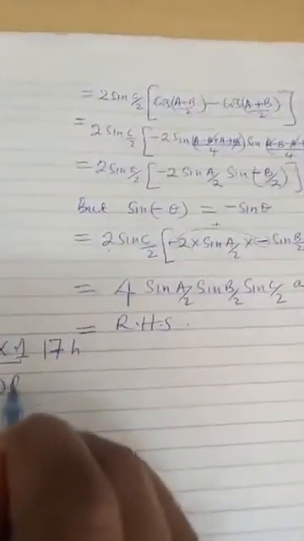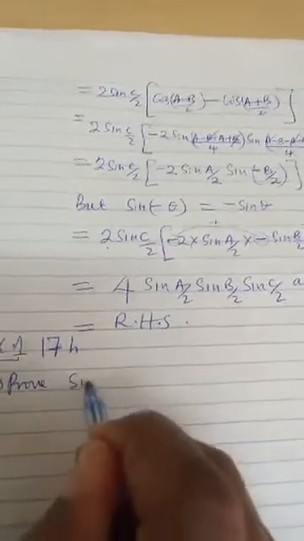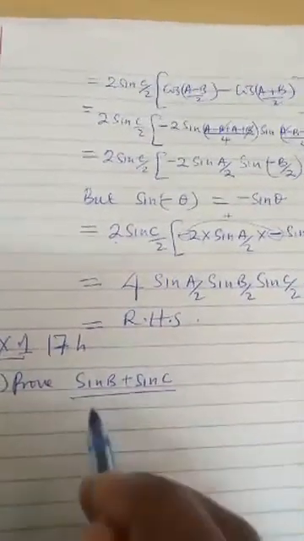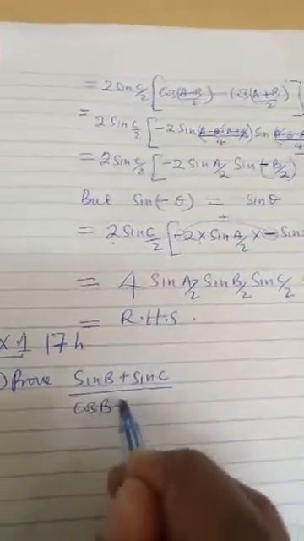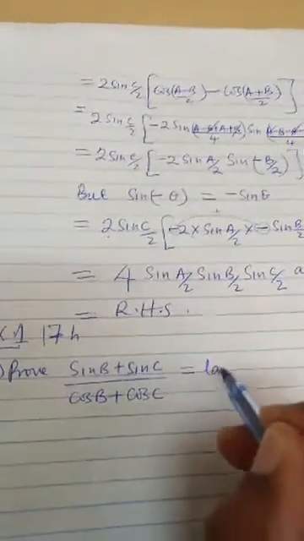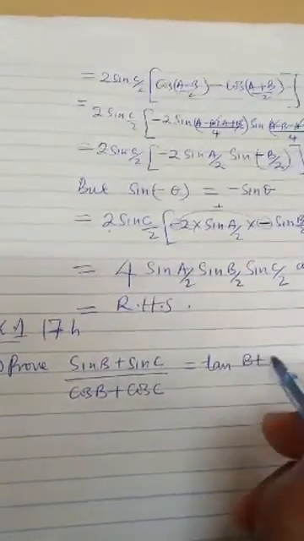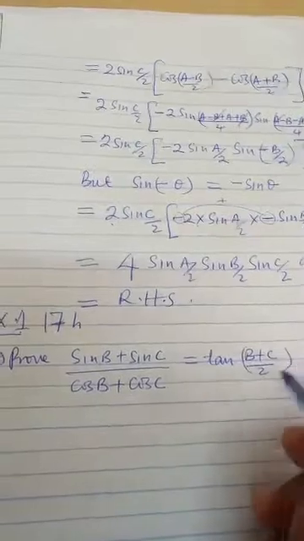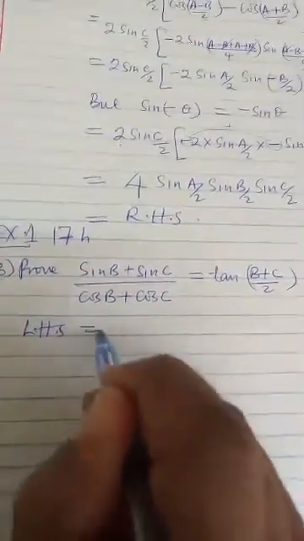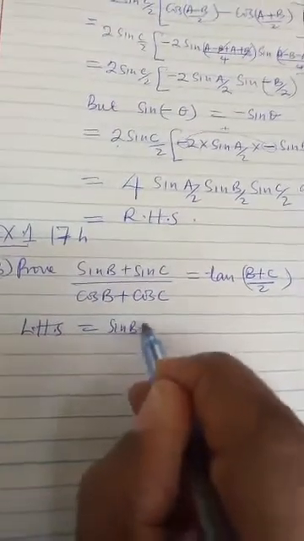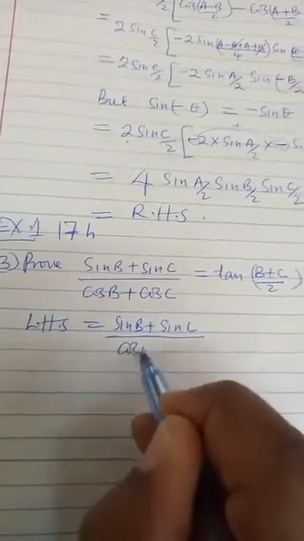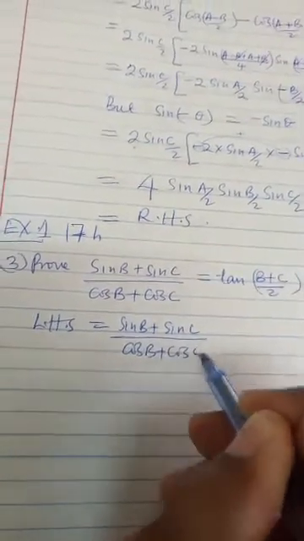They are telling you to prove that the sine of b plus the sine of c over the cos of b plus the cos of c is equal to the tan of (b plus c) over 2. The left-hand side is what we intend to prove, and these proofs are very, very brief.